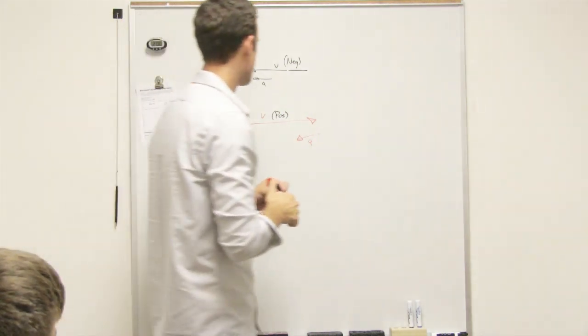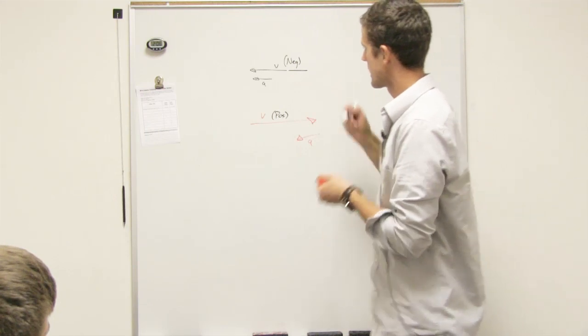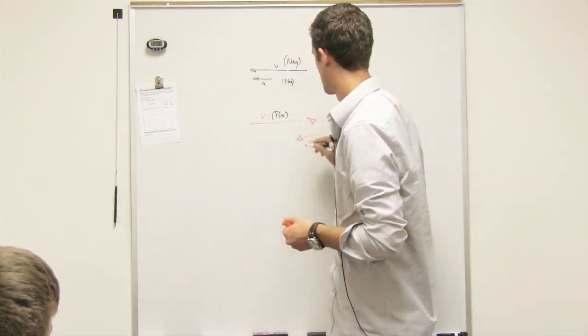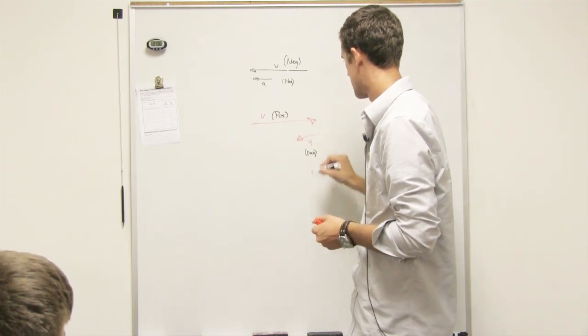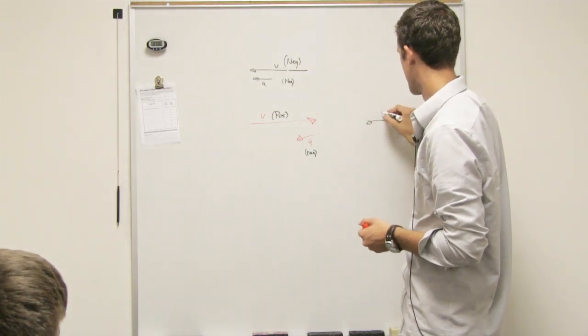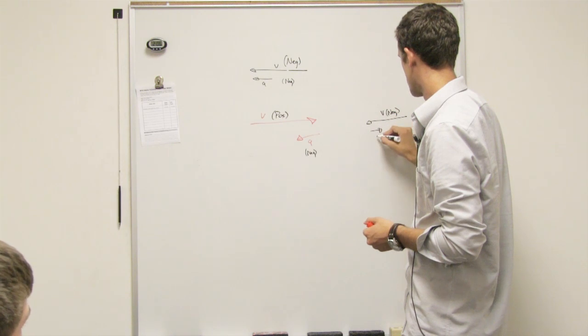So the key here is, this is a negative velocity and a negative acceleration, right? This is a positive velocity and a negative acceleration. Then what else could we have? We could have a negative velocity and a positive acceleration. What's happening here?